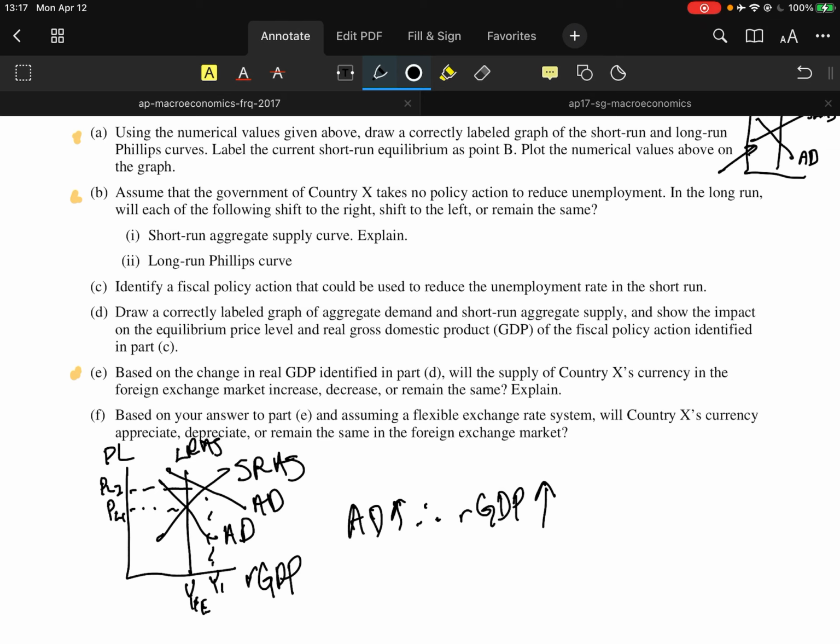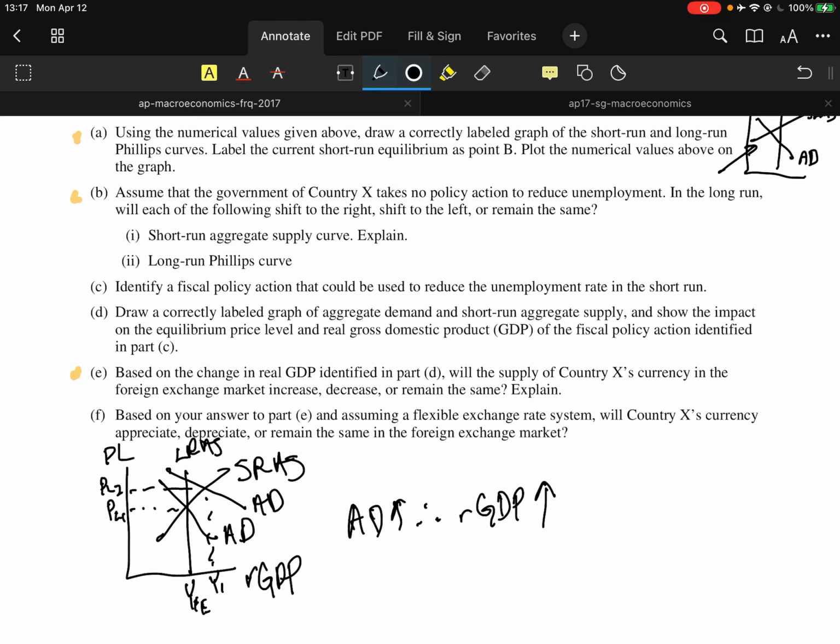Luxury goods, those things that are not produced in the country or have brand value or prestige from other places. Therefore, the demand for imports will increase, and before we can get imports from another country, we first need to get that country's currency, and before we can do that, we need to supply some of our own. So they'll supply more of country X's currency in the market, which will cause the value of that currency to depreciate.